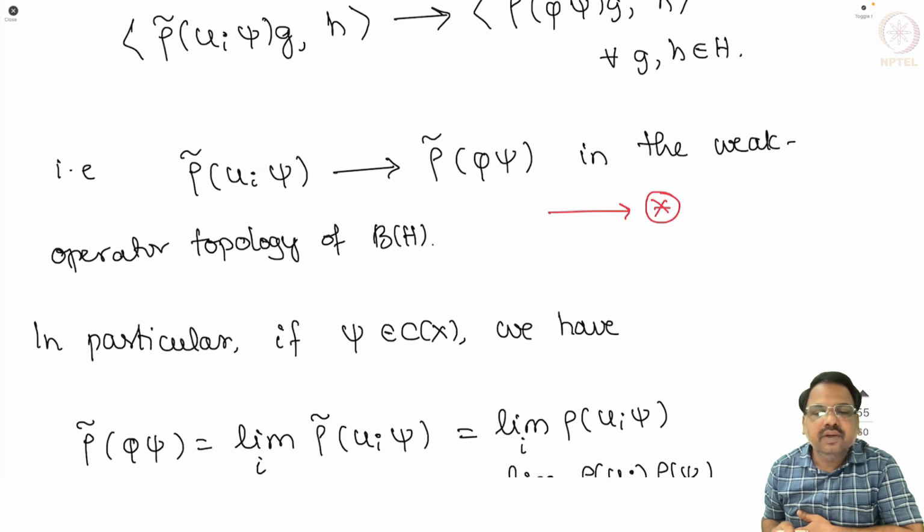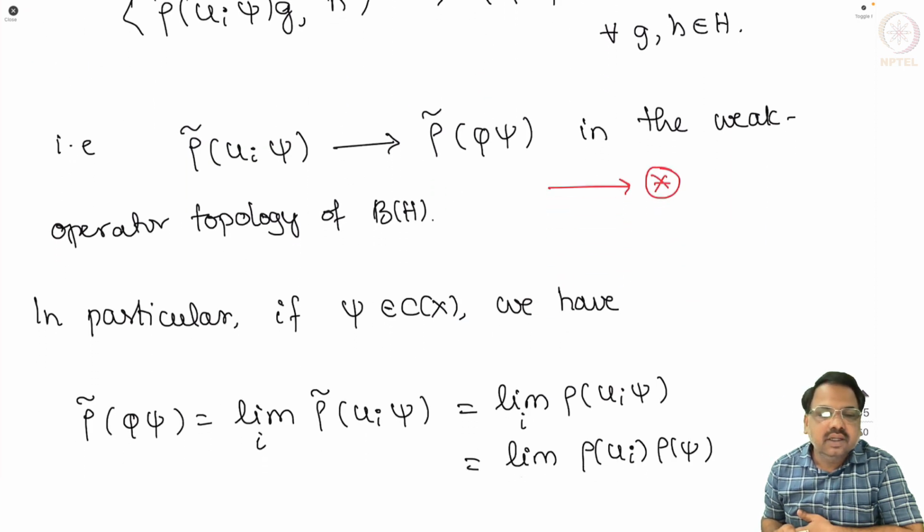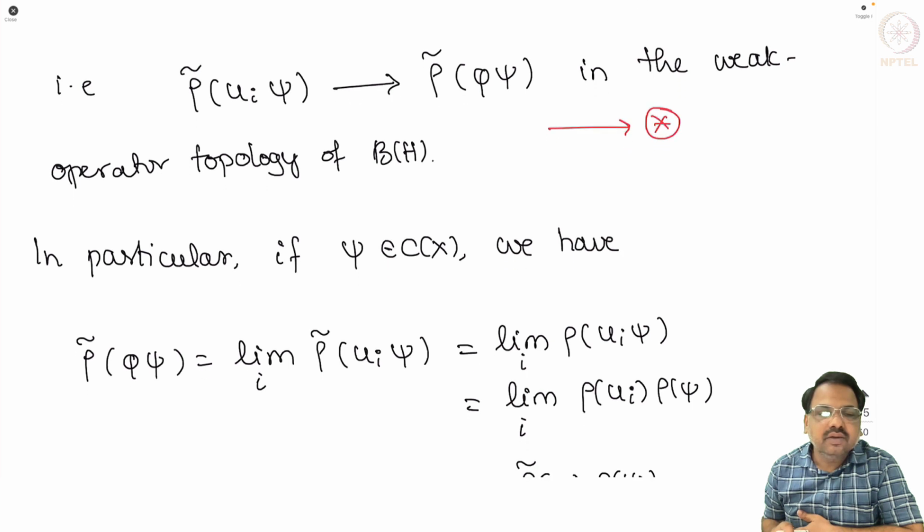So in particular, we already took φ from B(X), and if ψ is in C(X), we want to say that ρ̃(φψ) is nothing but the limit over i of ρ̃(u_i ψ), that is, the limit of ρ(u_i ψ), because the u_i are continuous and ψ is also continuous, so the product is continuous. So ρ̃ and ρ are the same on the continuous functions.